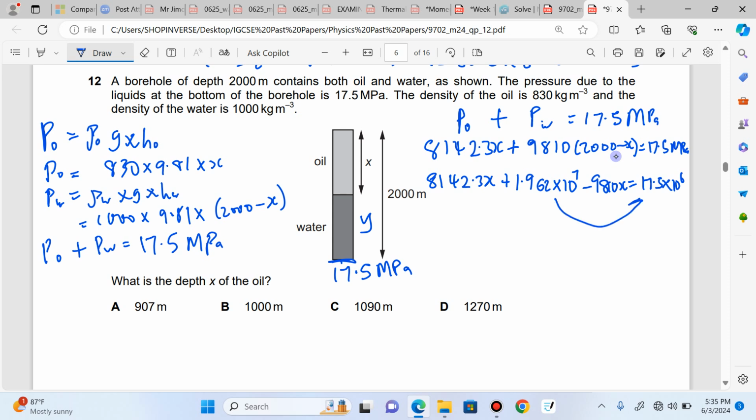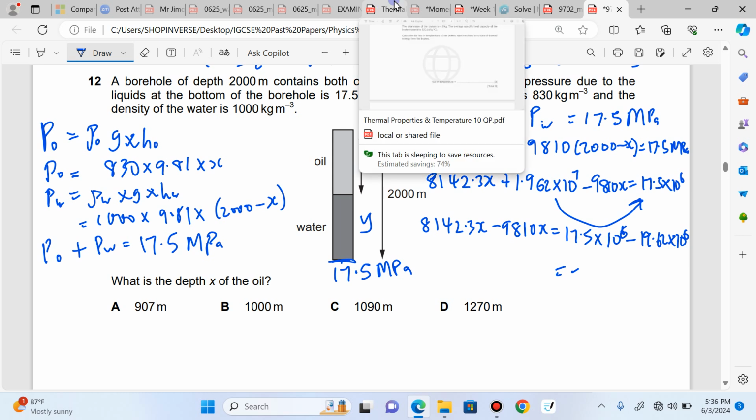So I have 8142.3x minus 9810x equals 17.5 times 10 to the power 6 minus 19.62 times 10 to the power 6. I think it's easier that way. This is the same thing as writing 19.62 times 10 to the power 6. Now, let me take the difference. 17.5 times 10 to the power 6 minus 19.62. That should give me a negative answer. Yes, I'll get a negative answer there.